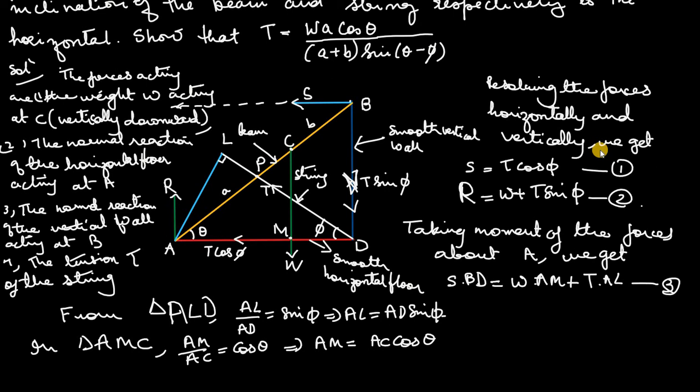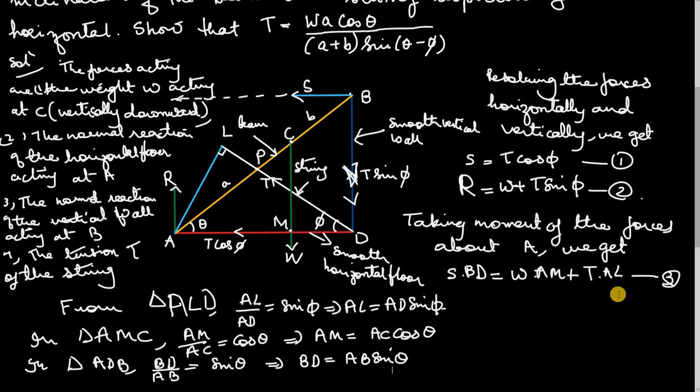And what about BD in the right angle triangle ADB? BD here is the opposite side to theta, so BD by AB is equal to sine theta, which implies BD is equal to AB into sine theta. Now using this, you substitute AL by AD sine phi, AM by AC cos theta, and BD by AB sine theta.